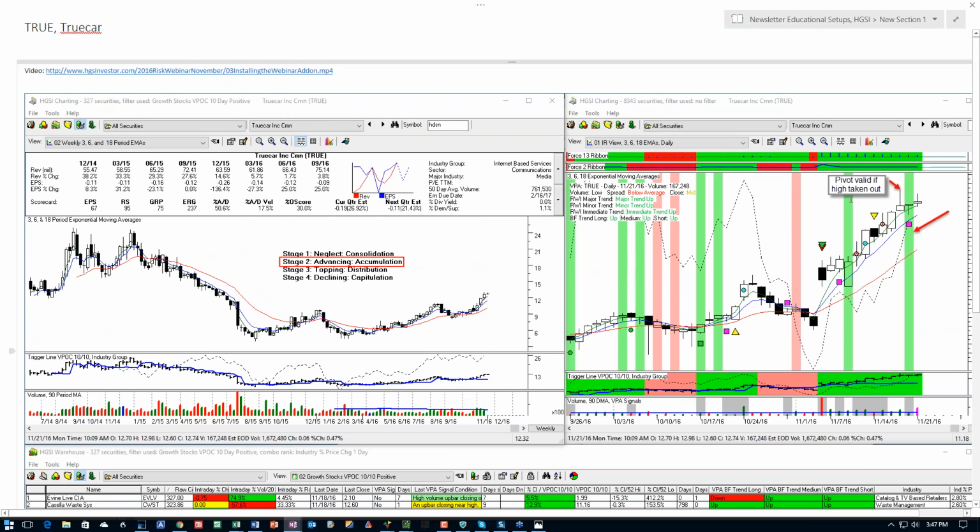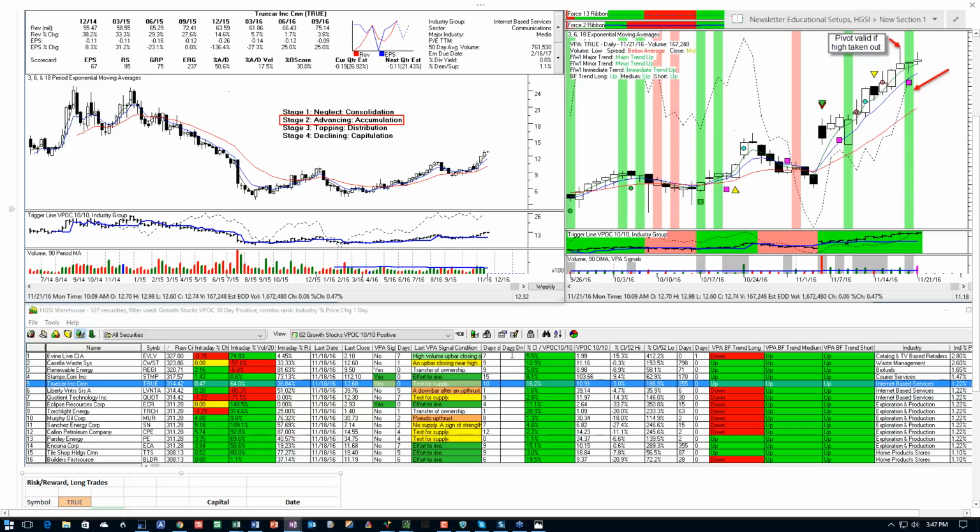I'll put some comments on it, and then I am going to try to do like a 2-minute video of every trade that I put up there, and this is just a sample. You'll click on this right here, and I'll explain what I'm looking at and why I like it. And it is not going to be necessarily a recommendation.